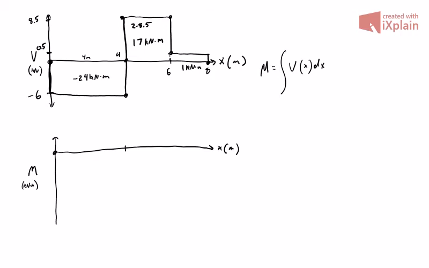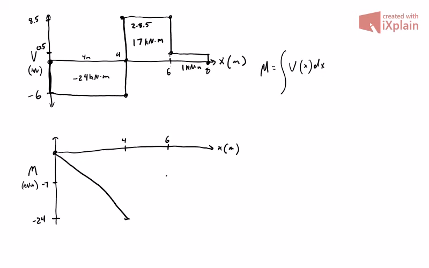By the time we get out to 4, we have to have gone all the way down to -24 kilonewton meters. So that's at 4. Connect those lines. Okay, between 4 and 6, we go up by 17 kilonewton meters. -24 plus 17 is -7.